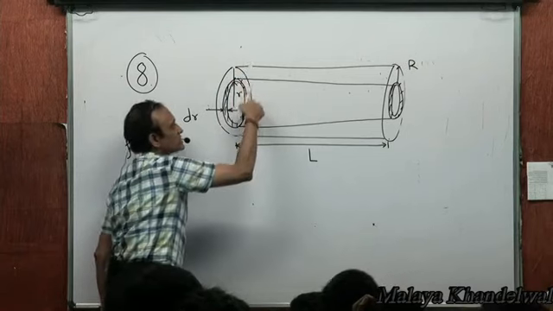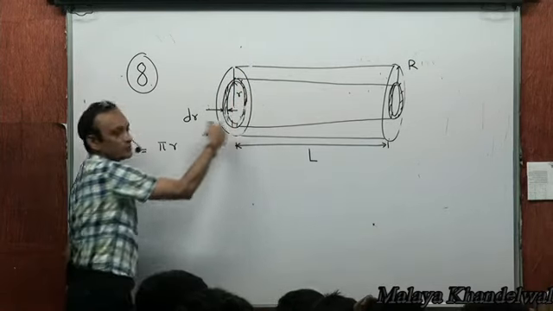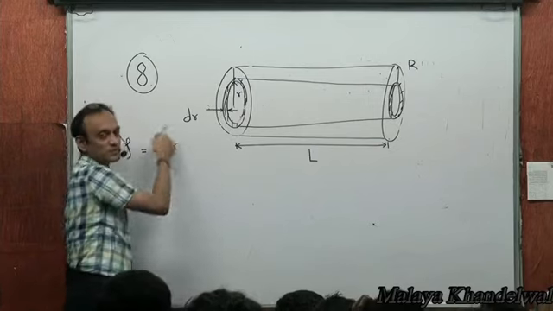So all points on this are practically at the same distance small r from the axis, and therefore will have the same specific resistance.